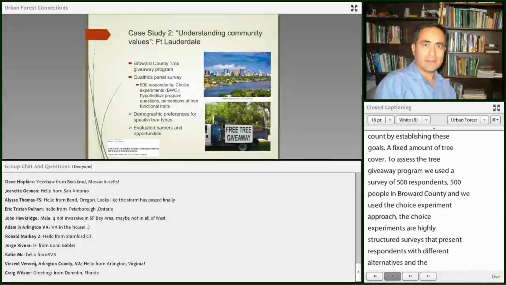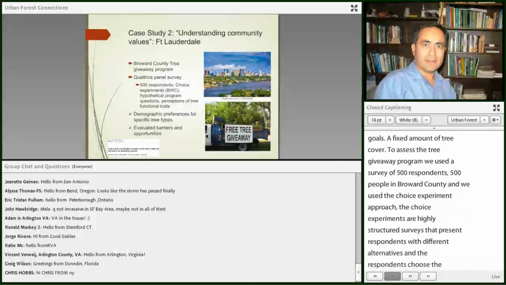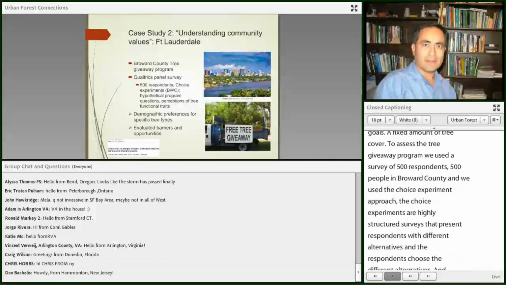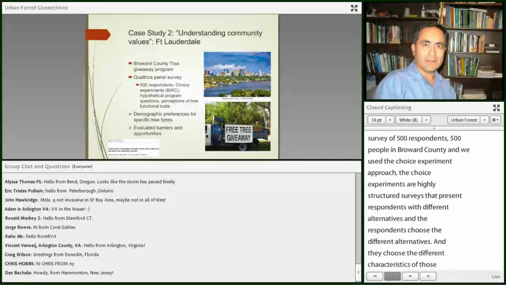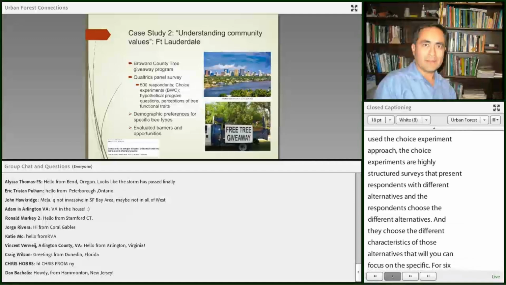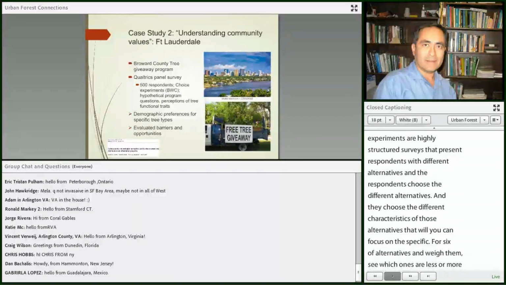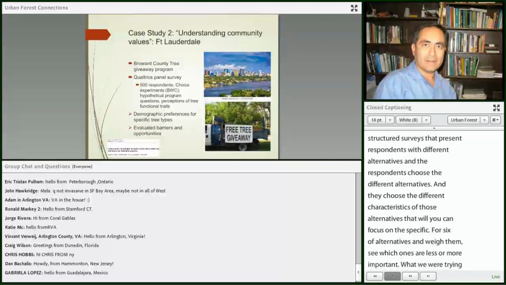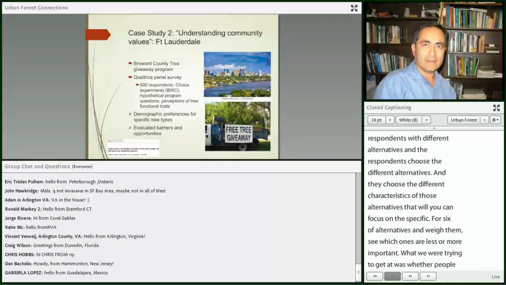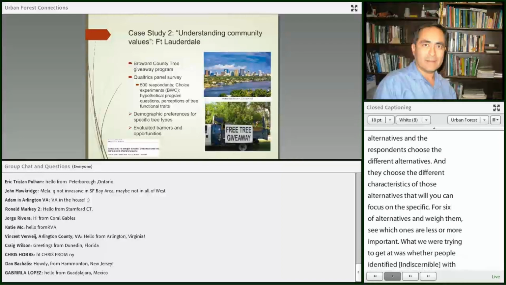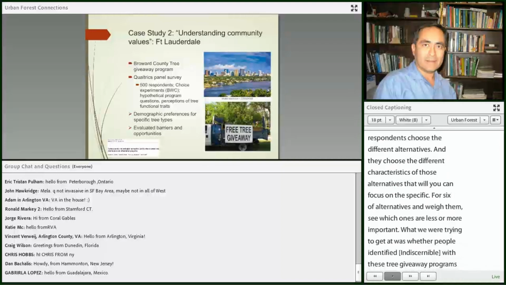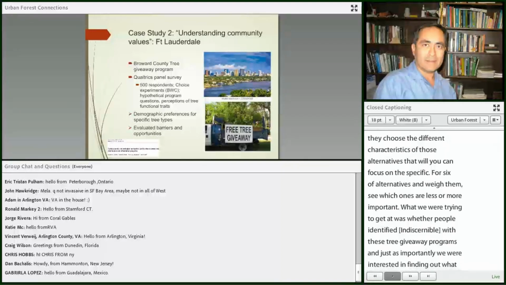So that way we can focus in on specific characteristics of these alternatives, right, and weigh them, see which ones are more or less important. And what we're trying to get at was whether people identified barriers or opportunities to participate in these tree giveaway programs. And just as importantly, we were interested in finding what kind of tree types, functional traits, these folks are interested in or not.